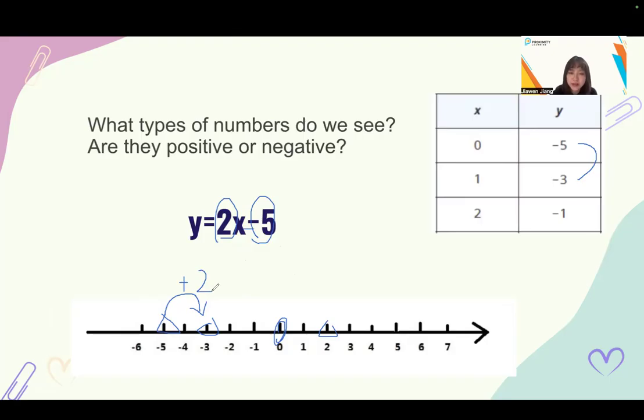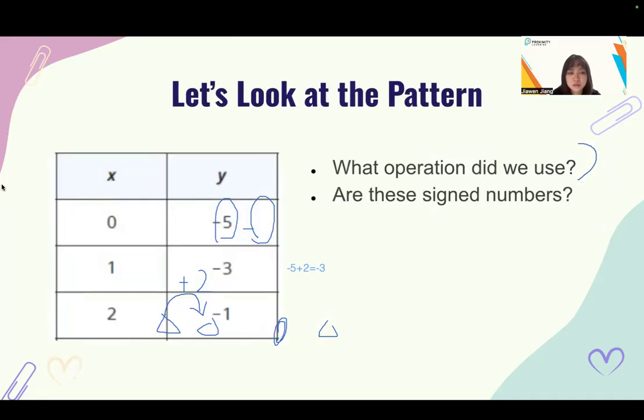Okay, so right now I want you to do some practice. Oh, before that, I'm gonna write down the equation. So, -5 add 2 equals -3. Okay.